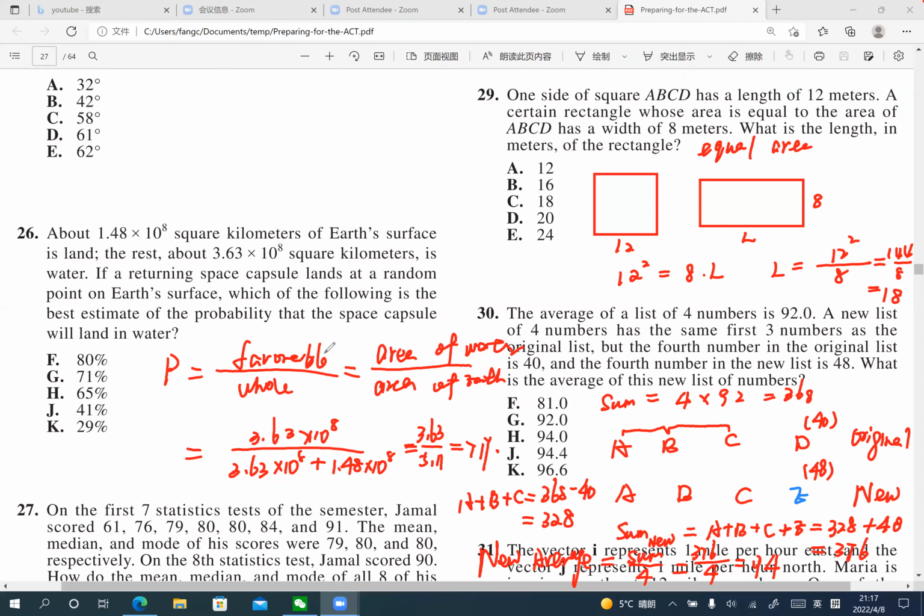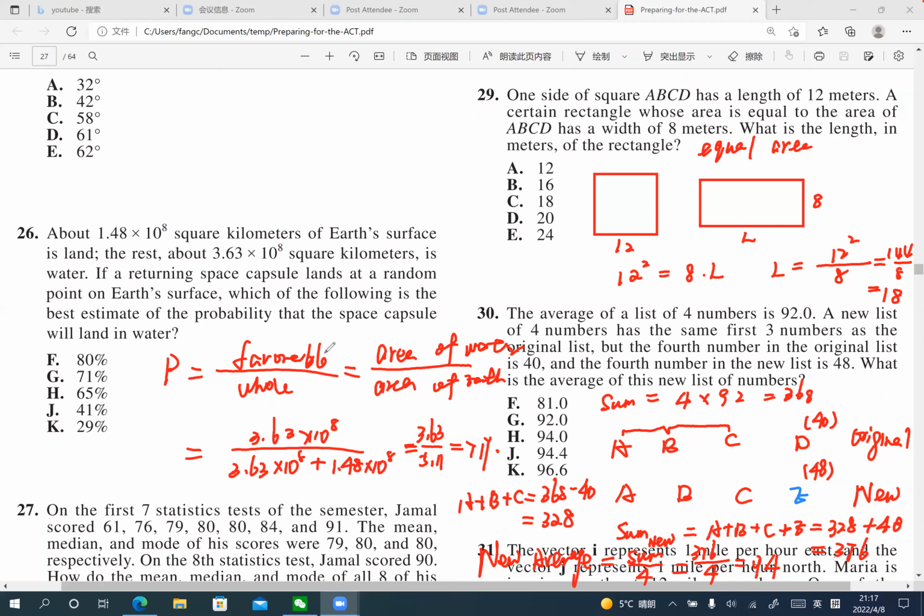So this is a geometric probability problem. So the probability is equal to the favorable area divided by the whole area. In our question, it is the area of water and the area of the Earth.